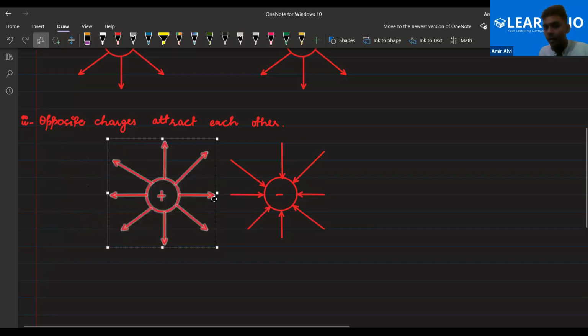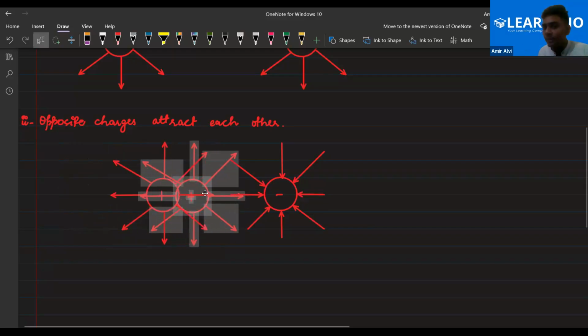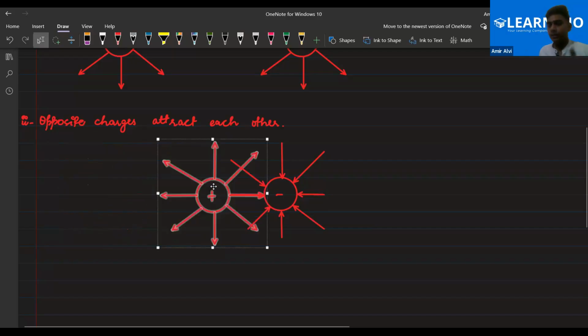Yes or no? This parallel one and this one, they are in the same direction. I'm just telling you with the one line arrow. So it means that it is accepting it like this. The negative charge will say yes, please come to my side. So this is how opposite and similar charges work. That's why similar charges repel, and that's why opposite charges attract.